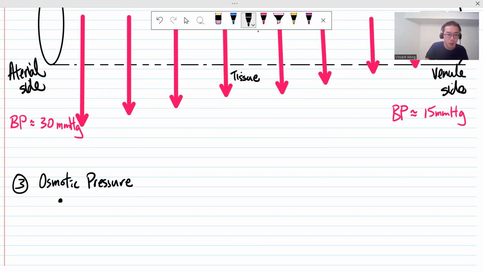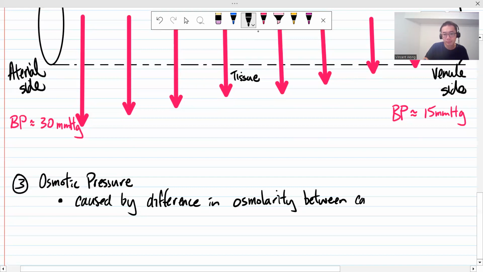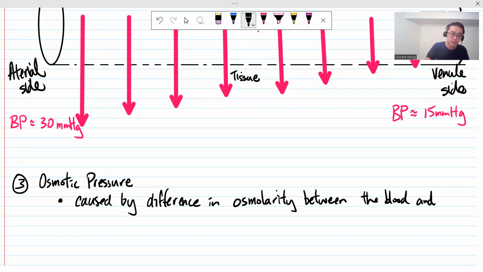Osmotic pressure is caused by a difference in osmolarity between the blood and fluid in tissue.